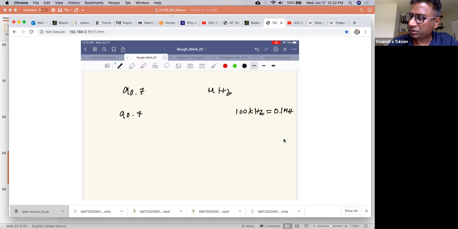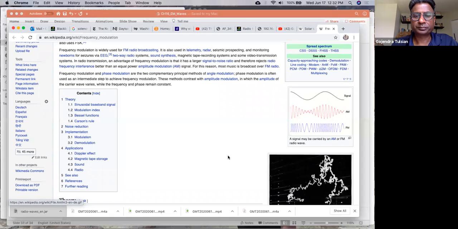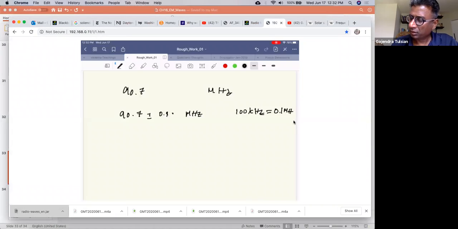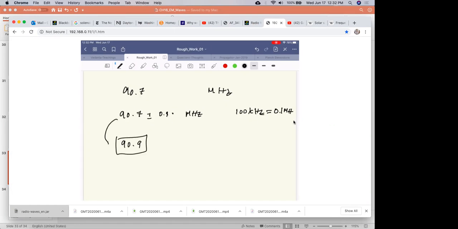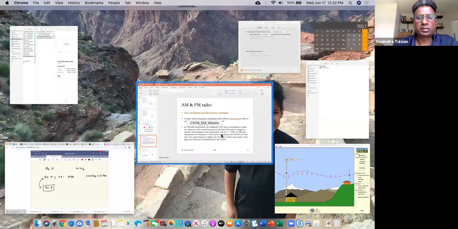So this station can use up to plus or minus 0.1 megahertz. So all the frequency changes that happen are between 90.7 and 0.1 megahertz. And so that's why the next FM radio station is 90.9, the next closest station. They have to be separated by 0.2 megahertz. So that's where those stations come in.